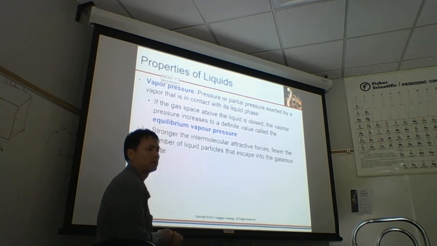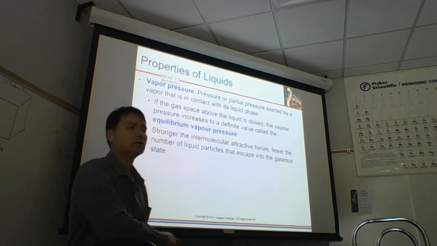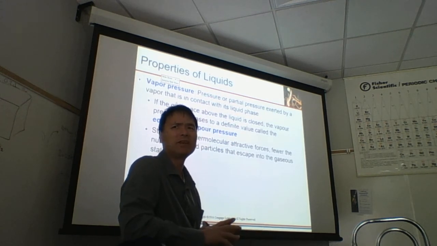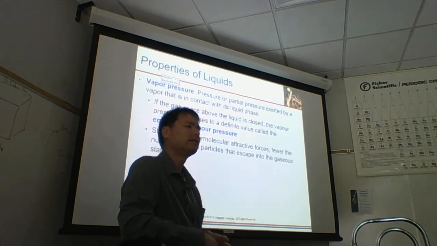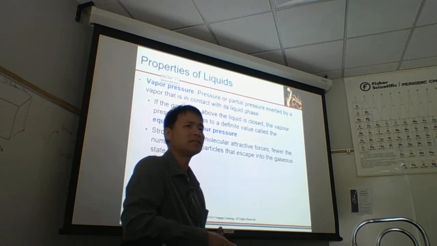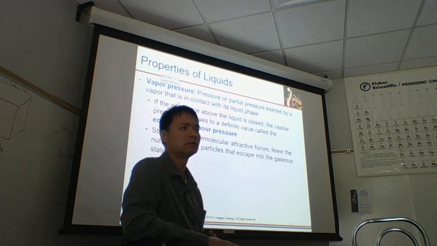So in other words, does it vaporize easily, maple syrup? No. If it doesn't vaporize easily, then we aren't going to get very many vapor molecules into the gaseous state, which means it has a low vapor pressure.